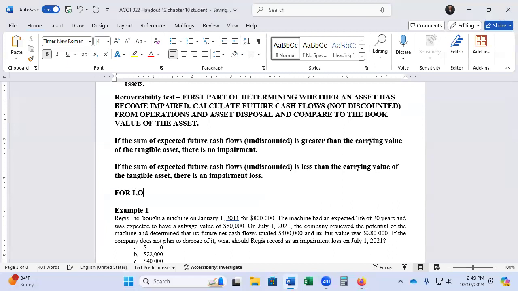And so for losses, you write the asset down to fair value as the second step.